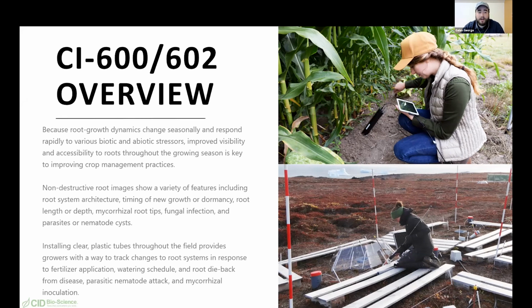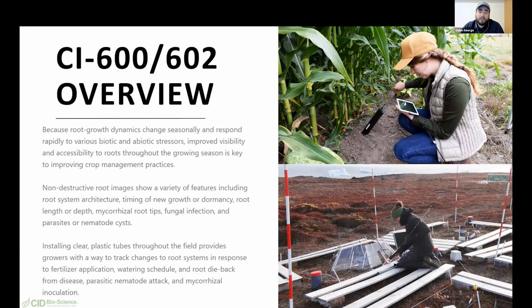And so what these non-destructive root images show is a variety of features like the root system architecture. You can actually see over time new root growth, dormancy, or root dieback. Look at things like mycorrhizal root tips, potentially parasites, nematode cysts, other kinds of infections.